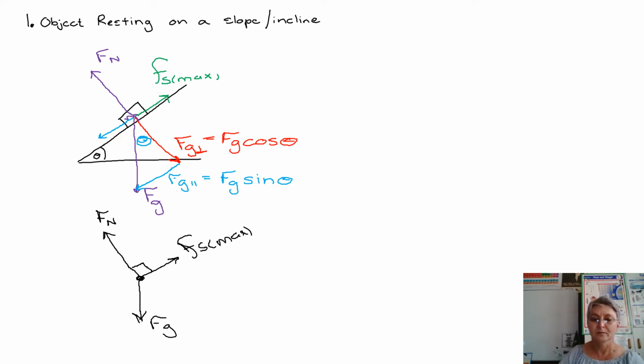Okay, now the normal force Fn would be equal to the perpendicular component of the weight, Fg cos theta, whereas the component of the gravitational force wanting to pull the object down the incline is Fg sine theta.